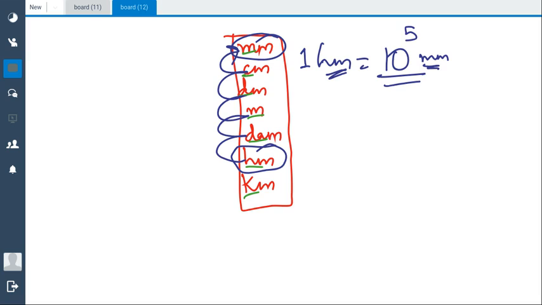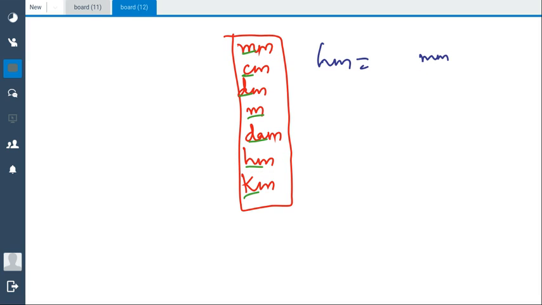So another one. The next one: if I say need to convert kilometer into decimeter, how do you do this?